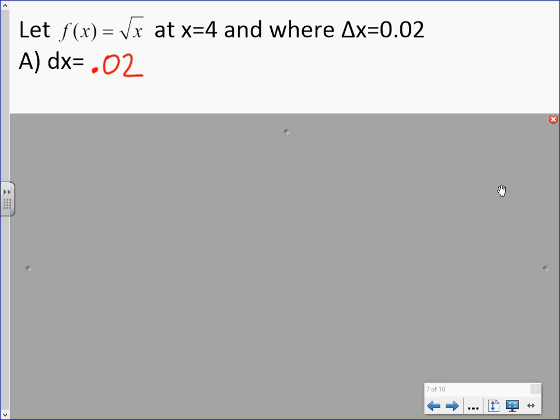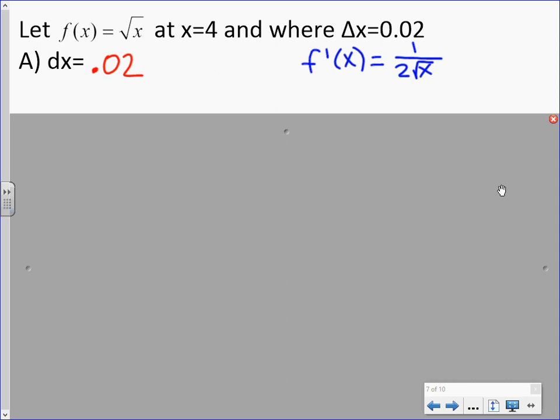Okay, now, this is differentials, which means it relies on the derivative. We've already talked about the derivative of this function, right? We know that f prime of x is 1 over 2 radical x. Is that correct? We found that way back at the beginning of the lesson.